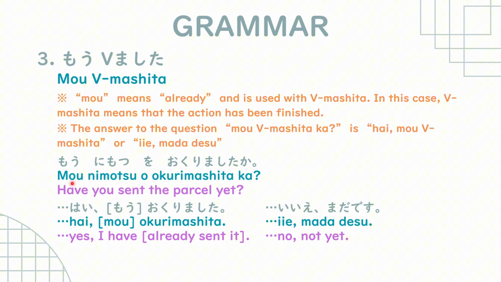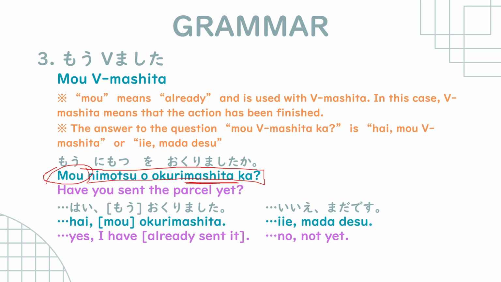Have you sent the parcel yet? もう送りましたか? So this is basically the verb part of the sentence, right? So ました here, ましたか, okay? Have you sent the parcel yet?